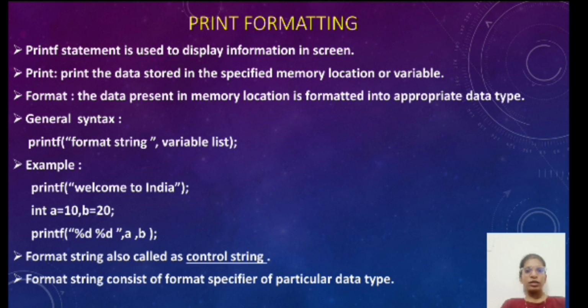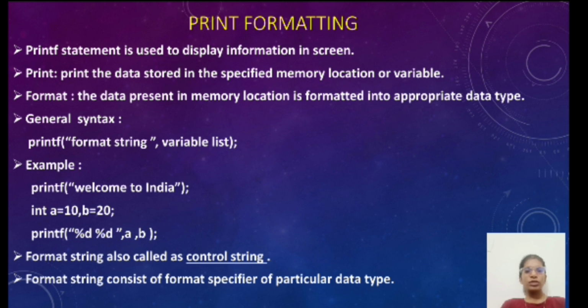Then another example for this is int a is equal to 10 and b is equal to 20. We are assigning the value 10 to a, and we are assigning the value 20 to b. Printf, percentage d, percentage d, these are the format strings.